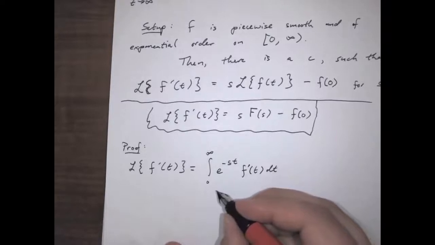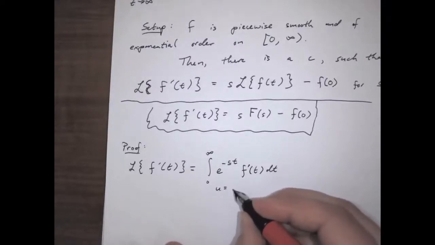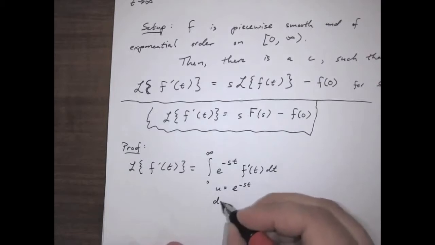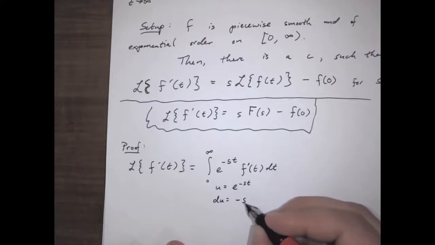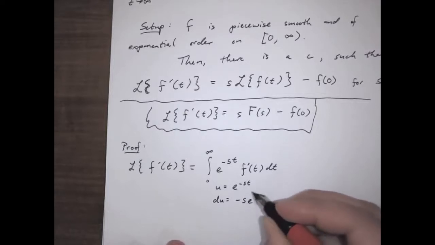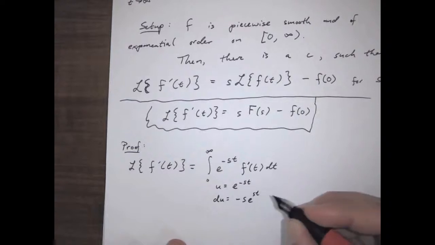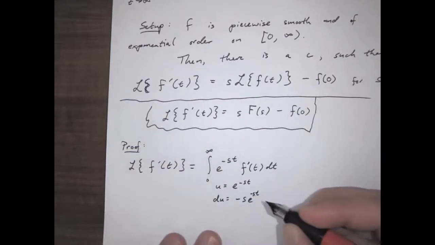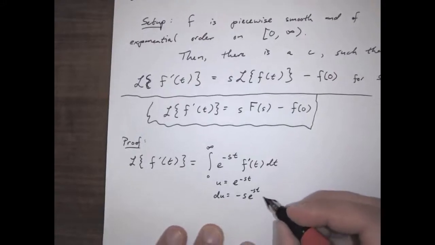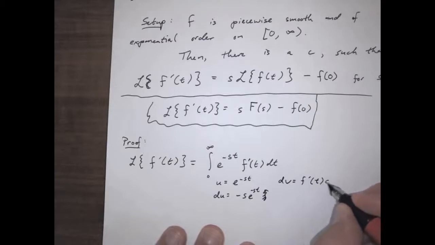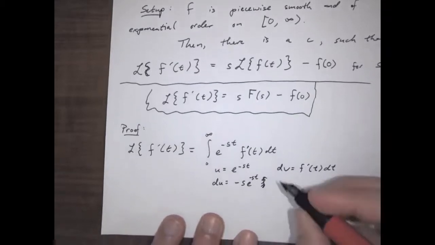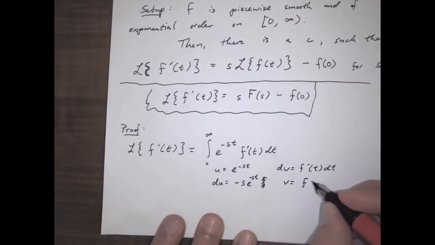This can be handled by integration by parts, where u is equal to e to the negative st, and du, since s is a constant from the perspective of t, is just negative s e to the negative st. Then dv is going to be f prime of t dt, which makes v itself just f of t.